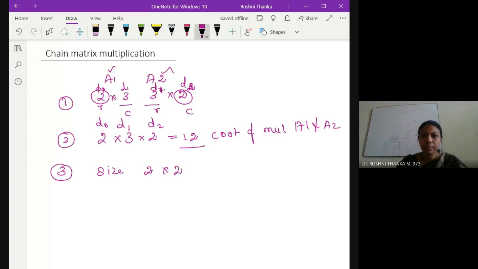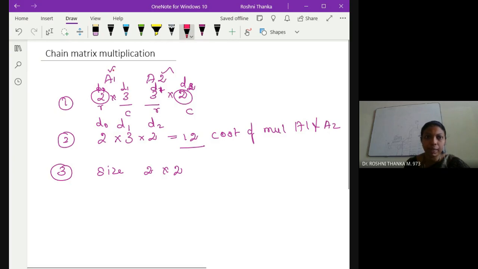What are the things you have to remember? First, if you want to multiply two matrices, this column and this row should be the same. Second, we want to know the cost of multiplying A1 and A2.